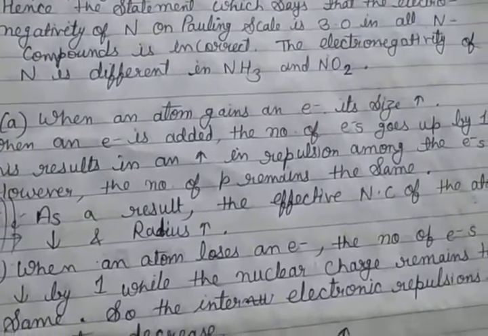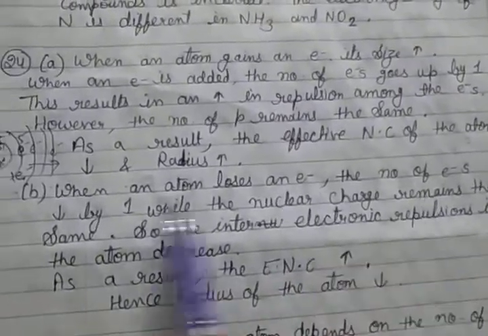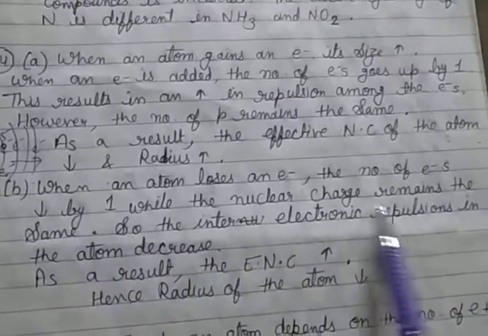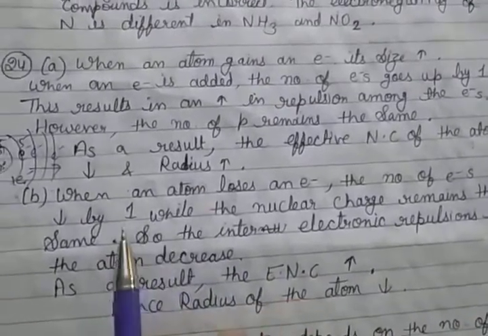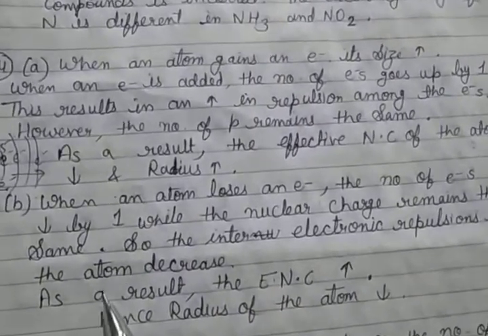Second, loss of an electron. When an atom loses an electron, the number of electrons goes down by 1, and the nuclear charge remains the same. But electron repulsion in the atom decreases.